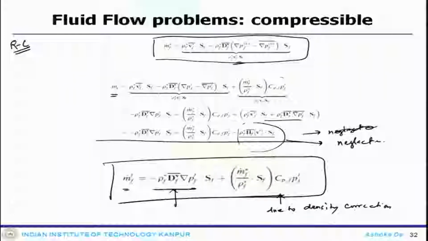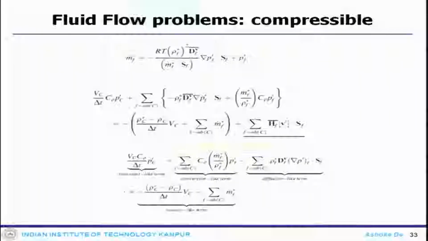At the same time, we can devise our simple algorithm, or compressible SIMPLE algorithm, based on this. One can do some normalization of this term, like m dot f star dot s f into C p f by rho f star.